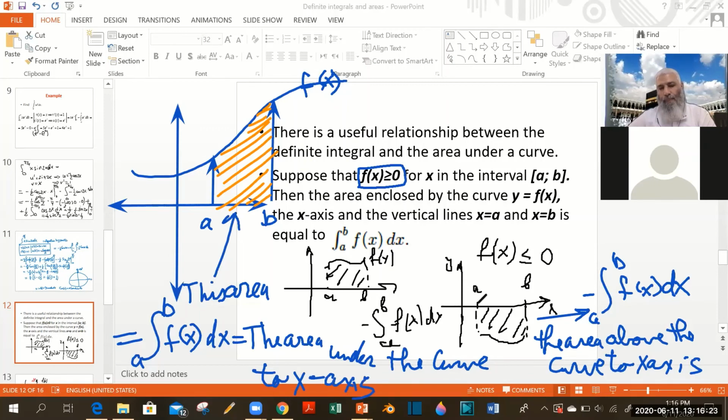Okay. Let's say this function is going like this.